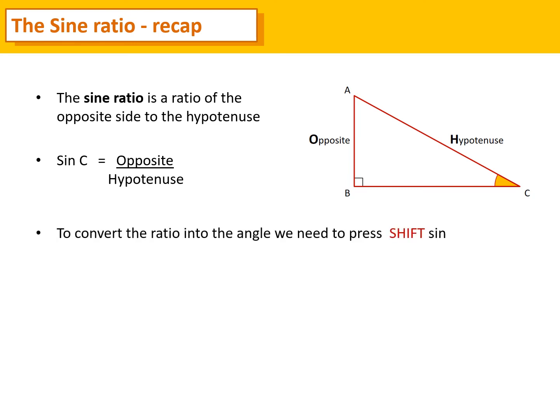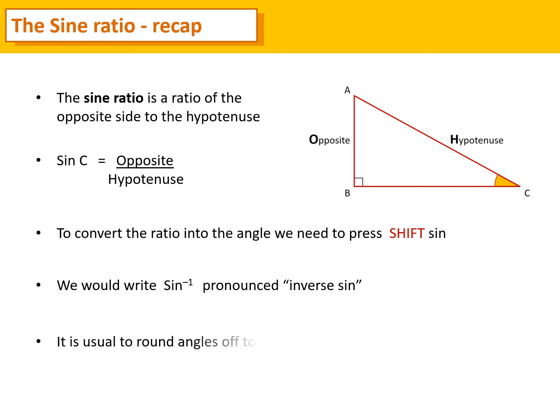To convert from the ratio back into the angle, we press shift sine. We would write it as sine to the power of -1, but it's pronounced inverse sine. And it is usual to round angles off to 1 decimal place.